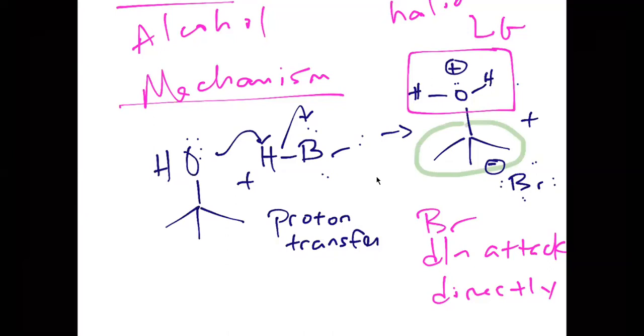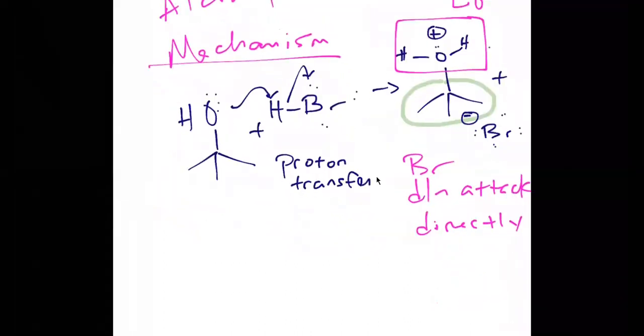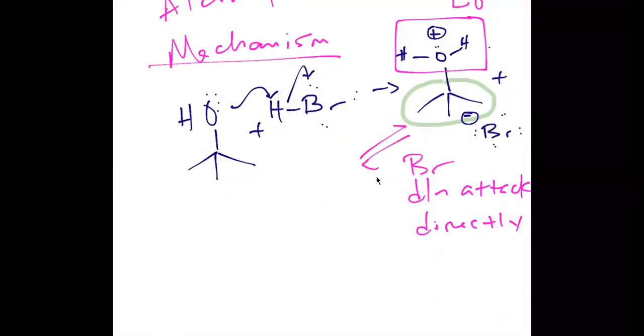So that means that I also need to show, in the next step, that the leaving group is going to leave. Well, not the OH, but the water, the leaving group, is going to leave. That's the next step.